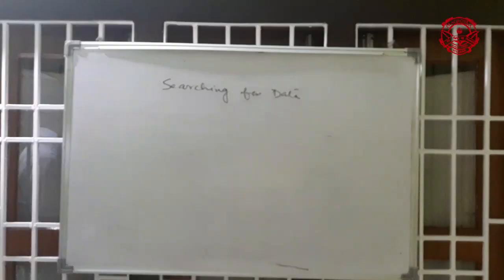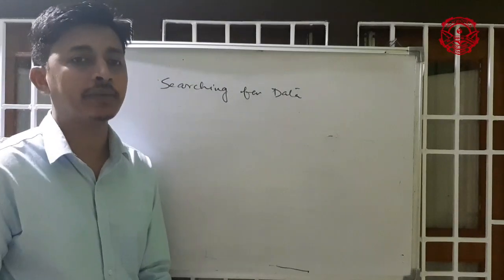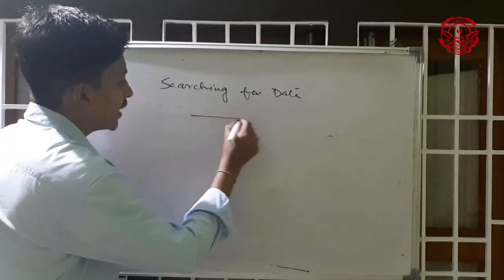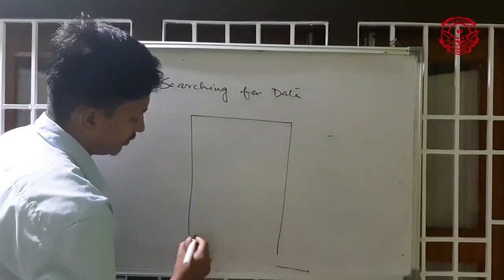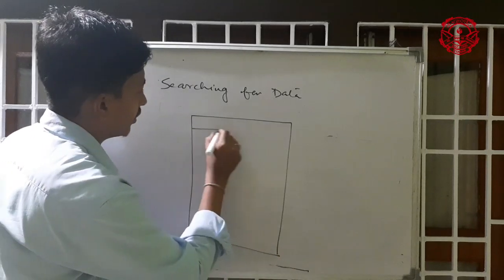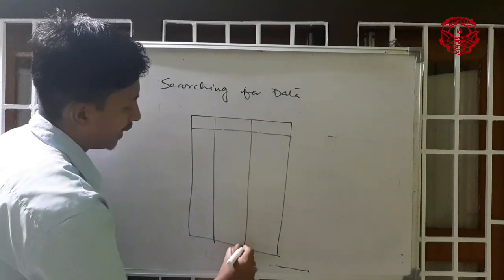Searching for data means you can search any data, any information from the database. For example, this is a student table, with roll number, name and marks.